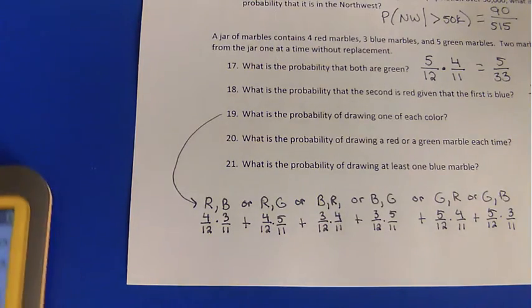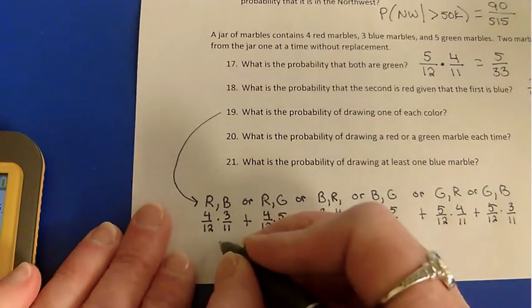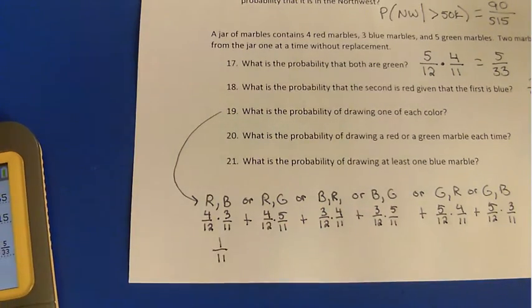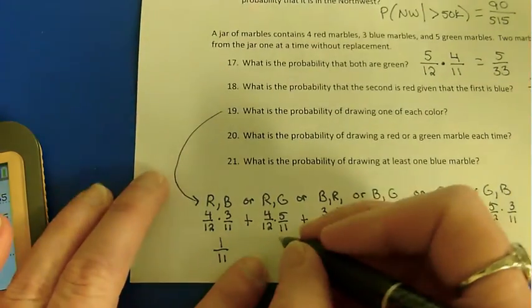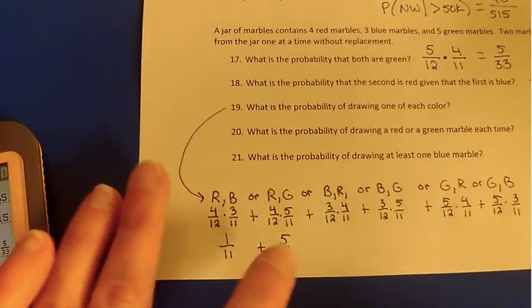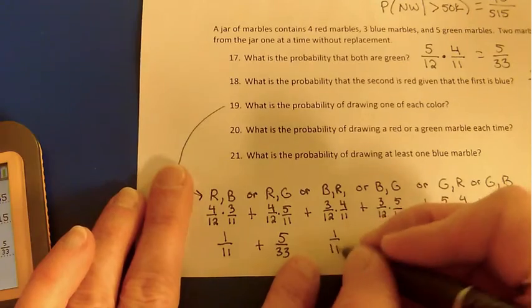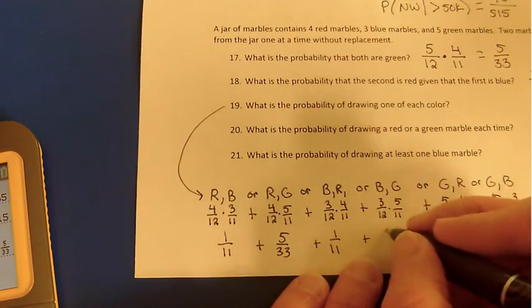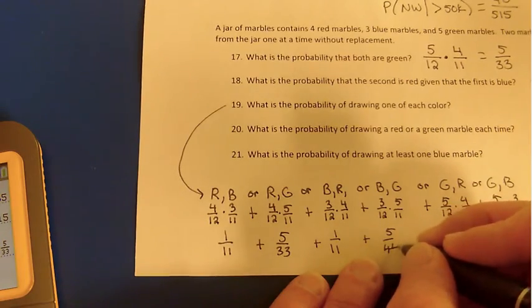So I could find each of these probabilities. I kind of found that one earlier. That's 1 out of 11. This one would be 5 out of 33. 1 out of 11. 5 out of 44.